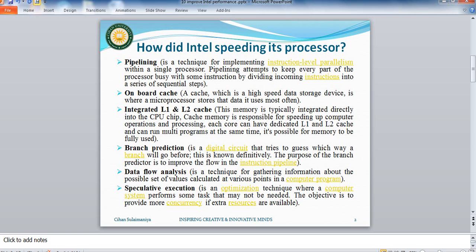So it is going to take the right resources available. It calculates the minimum resources available to make the process very fast. So this is speculative execution, one of the most important techniques they used when designing the Intel processor.